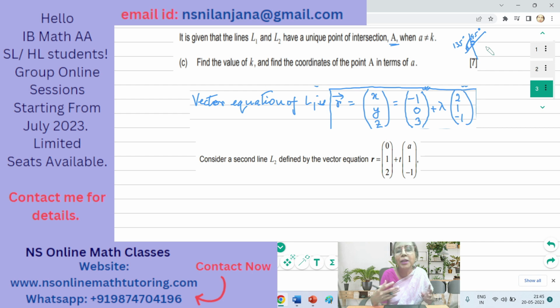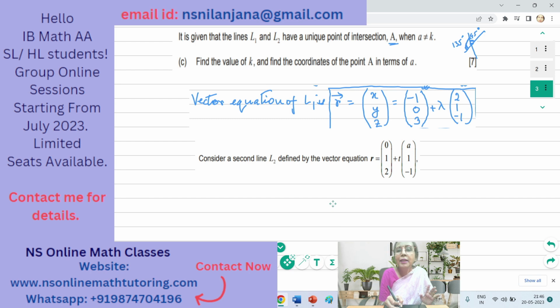A may be having completely a different value. So they may be different, intersecting at a completely different angle. That is possible. But the equations of the lines and the direction vectors of the lines remain the same.